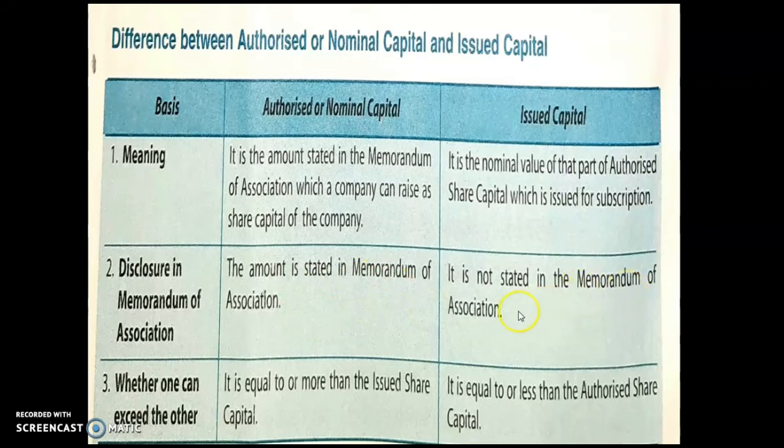Whether one can exceed the other: children, remember that authorized capital is equal to or more than the issued share capital, but issued share capital cannot exceed the authorized capital, as we know that issued capital is a part of authorized capital.